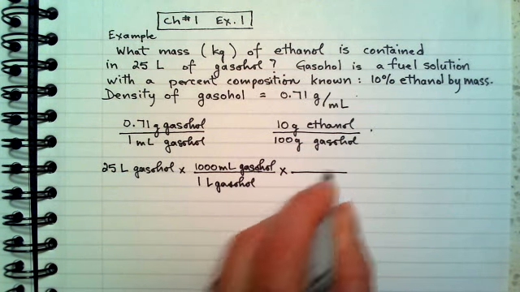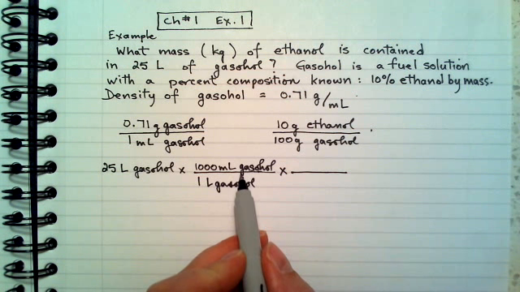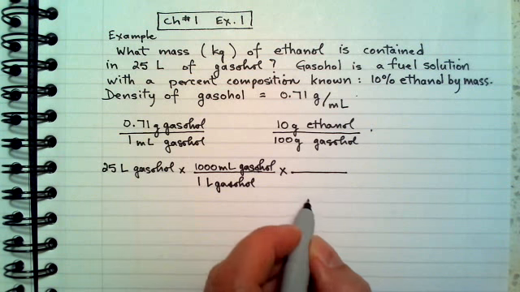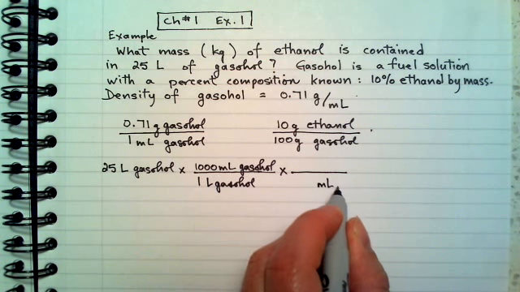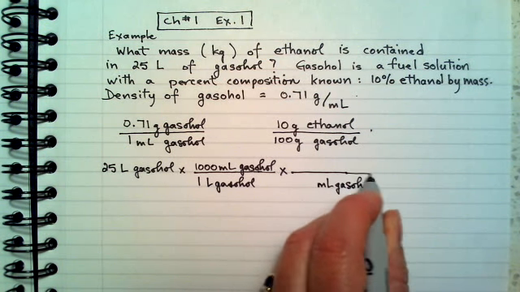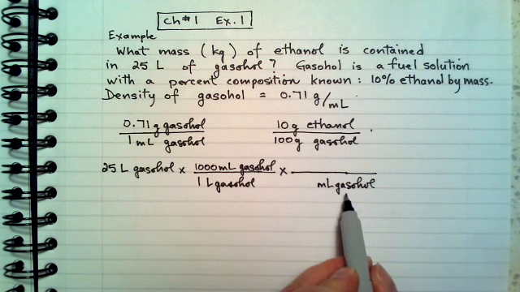Now I want to convert from milliliters of gasohol, or volume in mL, to a mass, and I'll use the density information. So I want to convert from this unit, which of course means I want it to cancel when I multiply. So if it's on top here, I want it on the bottom here.